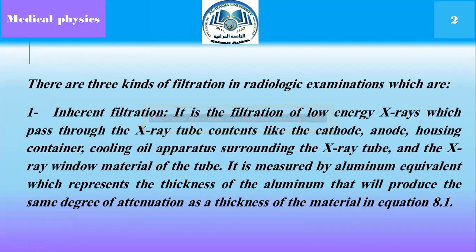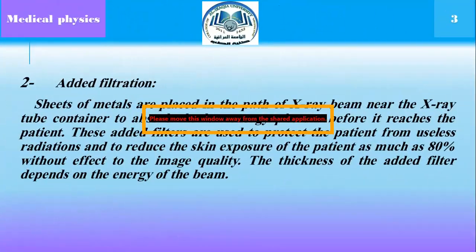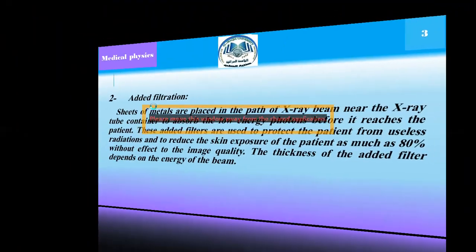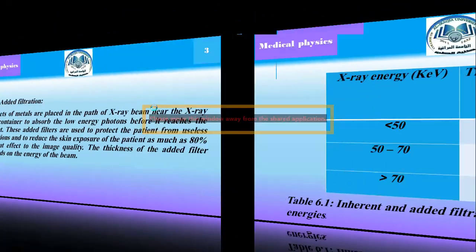And this is an equation. Two, added filtration. Sheets of metal are placed in the path of the X-ray beam near the X-ray tube container to absorb the low energy photons before they reach the patient.